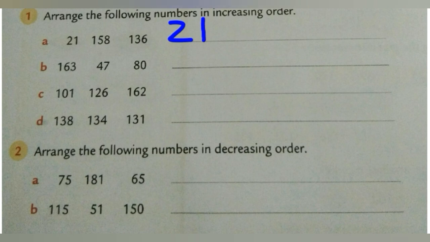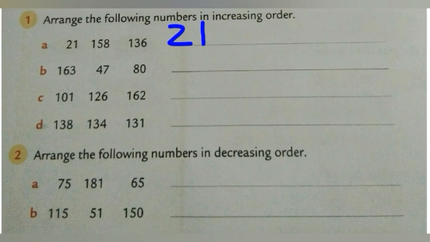Now the remaining two numbers, 158 and 136. We will start seeing from the 100 place. Both are having 1 in 100 place. We can't tell which is small. Now move on to the tens place. Here it's 5 and in the next number it is 3. Which is smallest? 3 is smallest. So which number will come automatically?